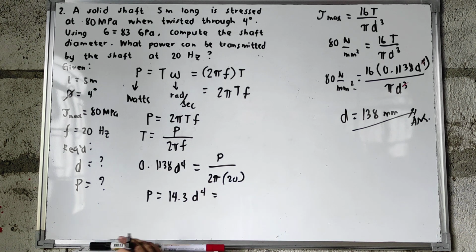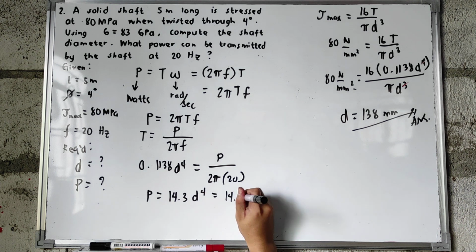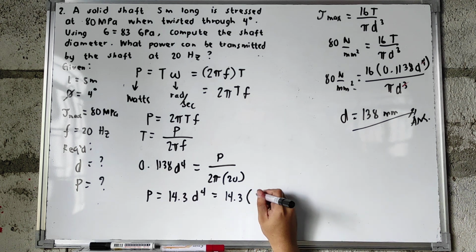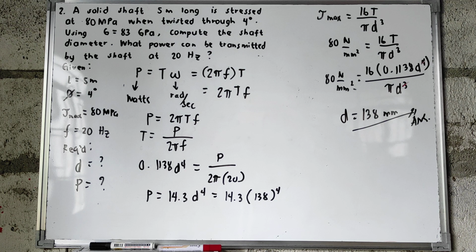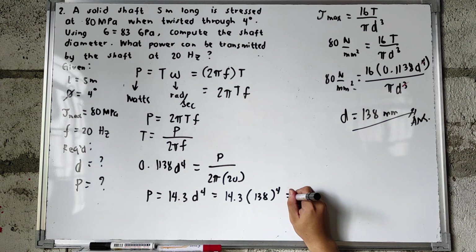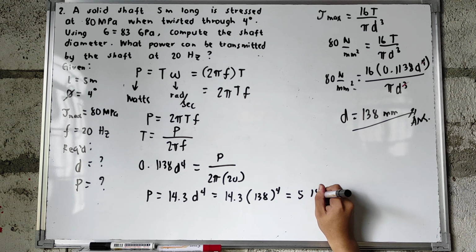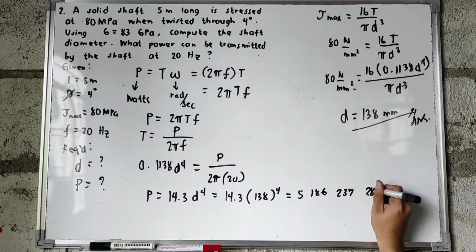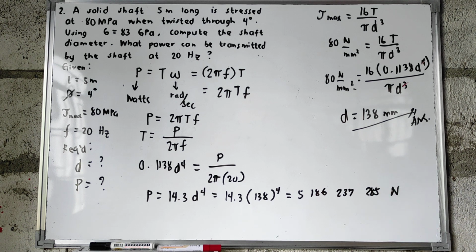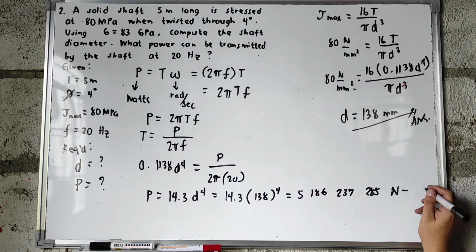Now we place the value of D that we got, 138 raised to the fourth. The value of your P is equal to 5186237.285 Newton millimeter per second.